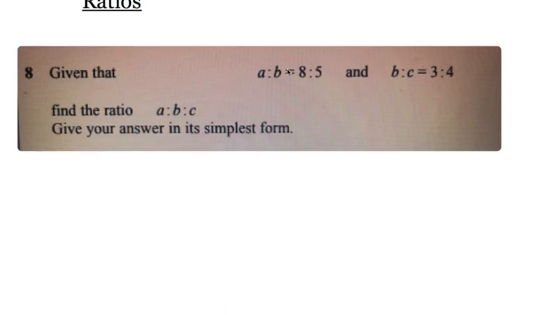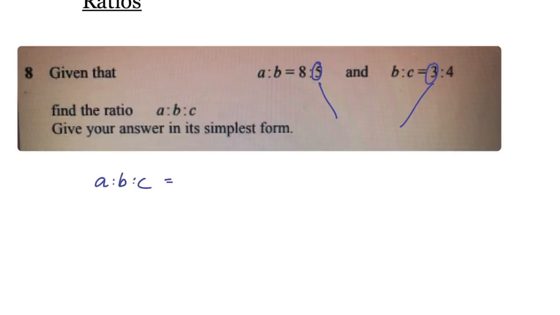If we have the ratio a to b, which is 8 to 5, and then b to c, which is 3 to 4, and we want to combine these ratios into a to b to c, we want these numbers here, this 5 and this 3, to be the same. So I need to multiply this 8 to 5 by something, and this 3 to 4 by something, so that this 5 and this 3 will be the same.